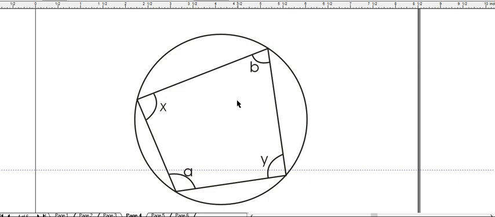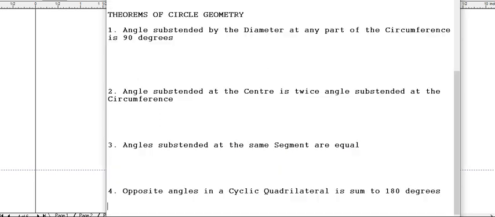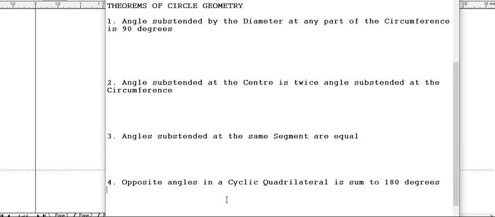Now, what we're talking about is the opposite angles. A is opposite B and X is opposite Y. So A plus B gives us 180 degrees, while X plus Y gives us 180 degrees. That's the meaning of the theorem. So when you sum the opposite angles together, you get 180 degrees.